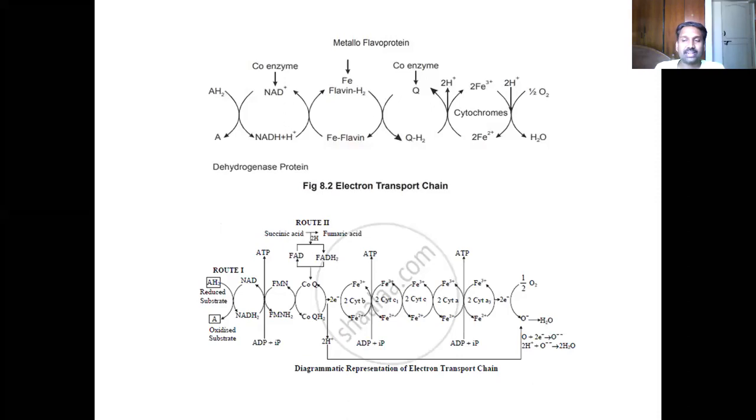ETC is a very important machinery for any cell because it oxidizes two coenzymes, NADH and FADH2, which are highly exergonic. The energy is liberated, of course, but how is that energy used to synthesize ATP? For that, we will look into one more interesting aspect of ETC in the next class.